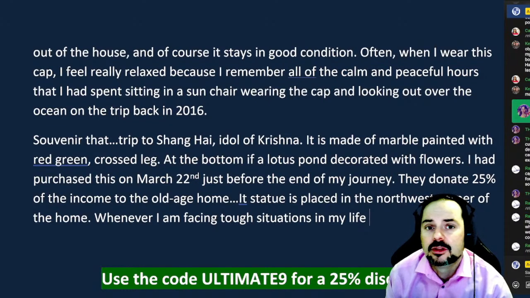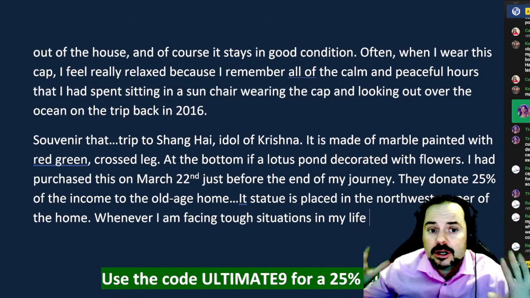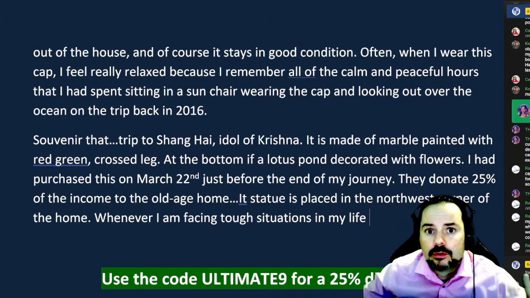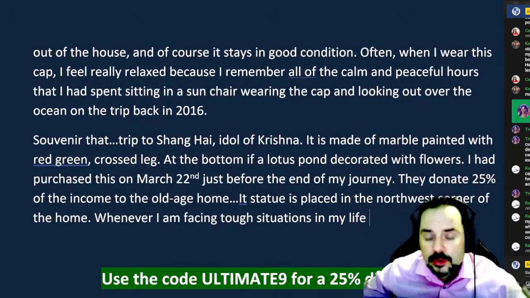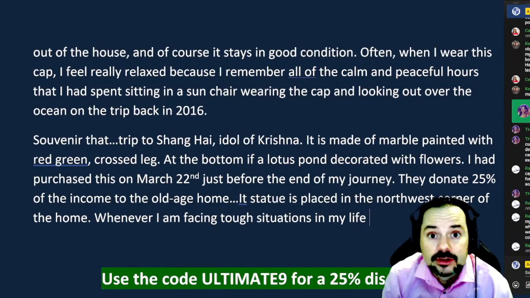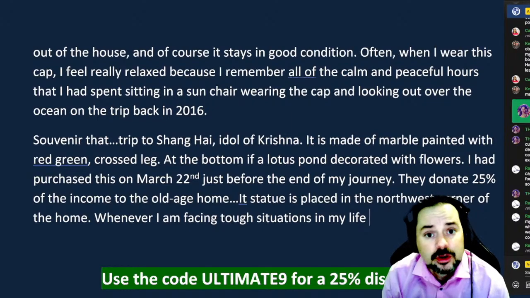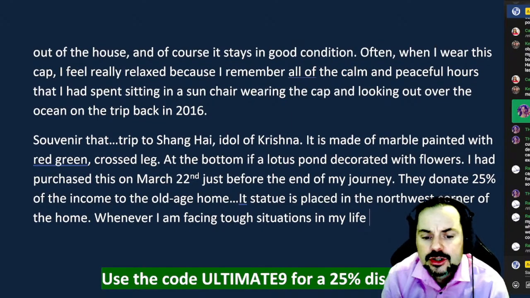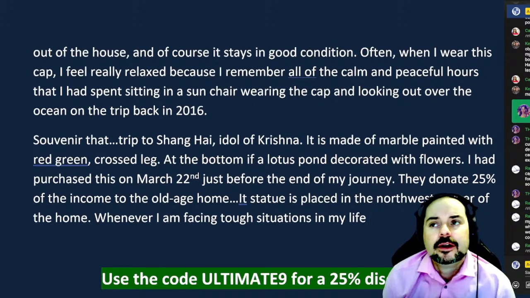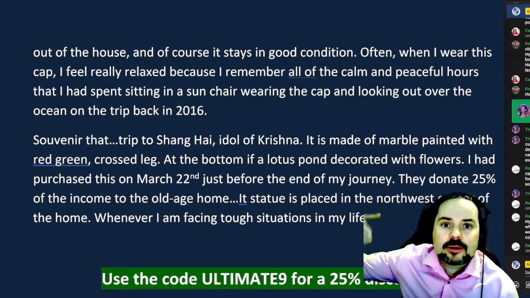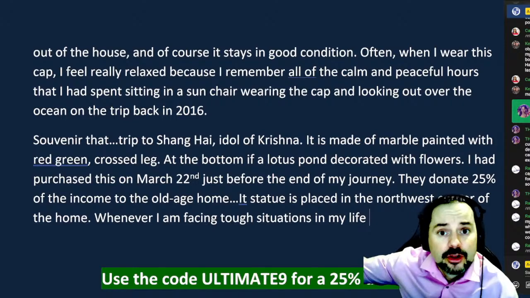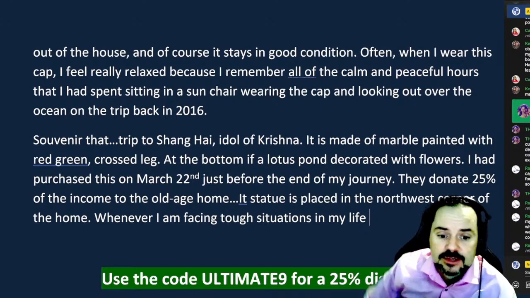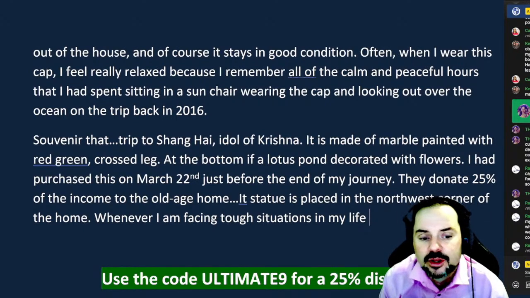You explained to me the position of the statue, of how the statue is sitting with the lotus pond, the colors, the material, the marble. So that was really great that I could picture this statue. And then you went on about where you keep it in the house. So you answered all the questions on the card. That was very smart as well. So those were all really good points.